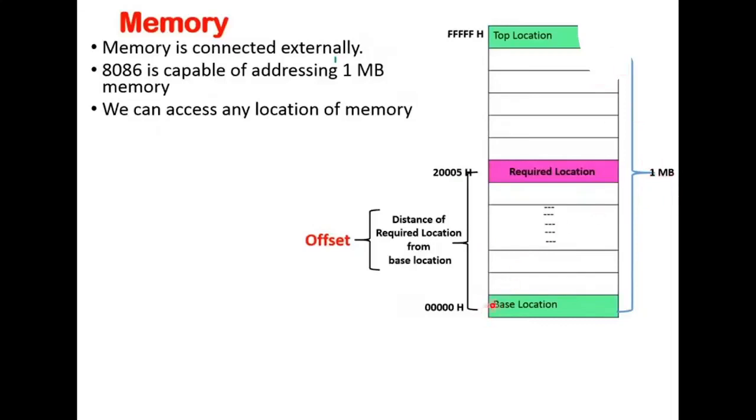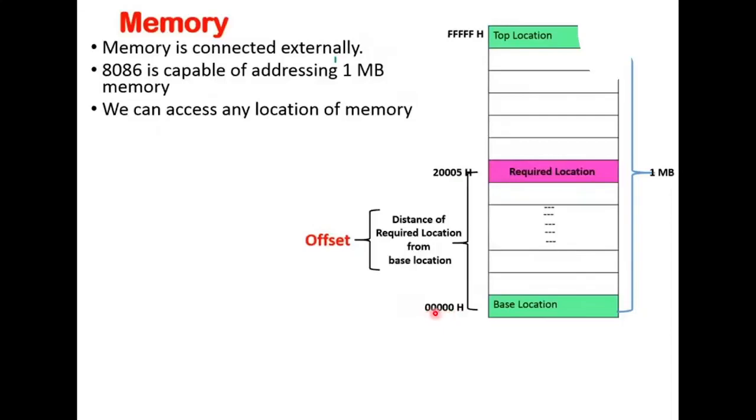For example, first memory location will be represented with an address. Already we discussed, each memory location will be represented with an address, right? For that address, how many bits did we use? 20 bits. These are hexadecimal values actually. 5 hexadecimal digits, which means 5 into 4, 20 bits are there to represent each memory location.